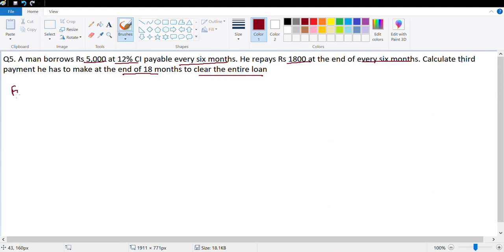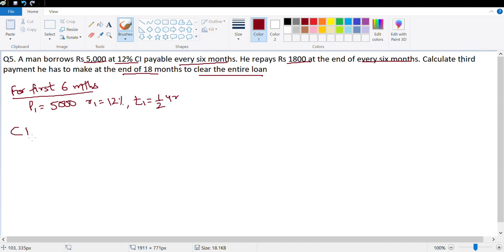So let's look at the first 6 months. The principal is 5,000, rate is 12%, in any case rate is not changing, and time is 6 months, which is 1 upon 2 year. So compound interest for the first term is equal to principal into rate into time upon 100, which is 2 1 2 6.